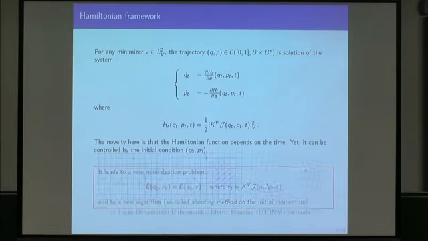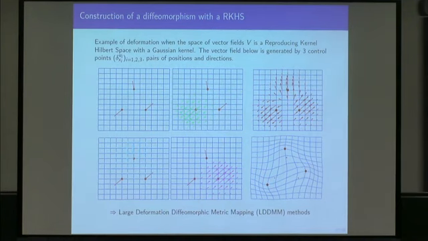So just to understand it on an example. A basic recall of how the momentum map works: you have control points given with position and vector. You apply the kernel of your space of vector field V, and the momentum map is just doing the sum of all the contribution of the control points, and it gives you a deformation.